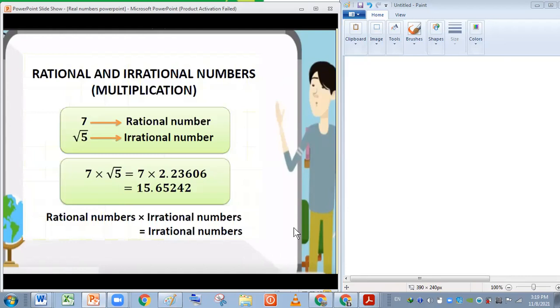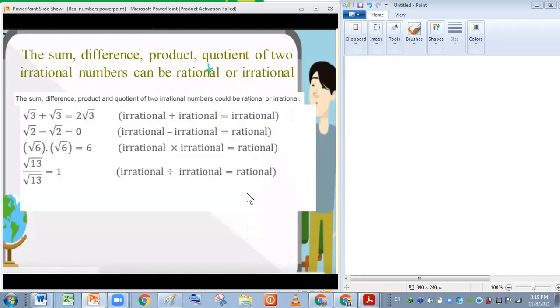In multiplication it is the same way. A rational number and an irrational number, when multiplied together, give an irrational number. Again, with one rational and one irrational, when we add them it's still irrational, and when we multiply them it is still irrational.